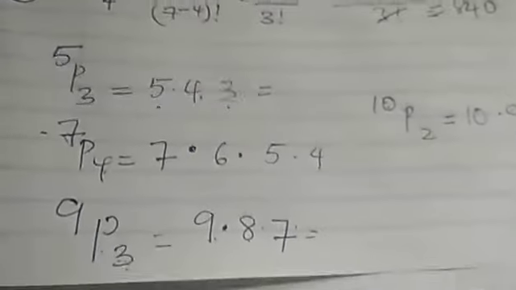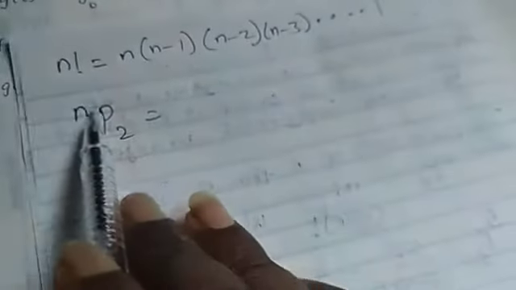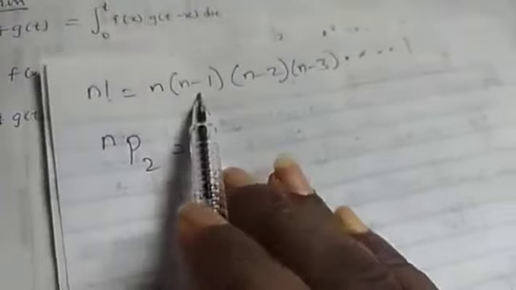Now, let's consider some factors again. If you want to reduce n factorial, it is the letter times the letter minus 1, minus 2, minus 3, and so on. That means if I have n permutation 2, I'm going to reduce n, and I'll stop at the second one. This is the first one, this is the second one.